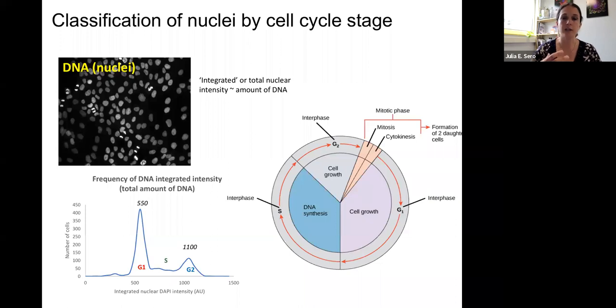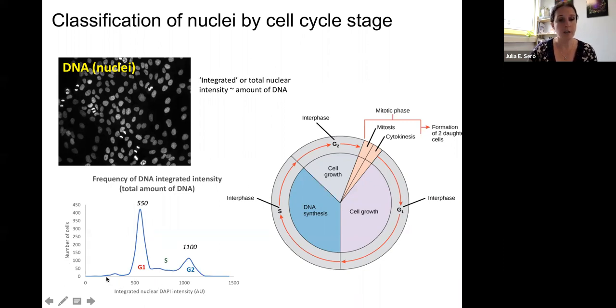That total or integrated intensity gives us a rough and ready readout of the amount of DNA, right? Because each molecule of dye binds to some amount of DNA and gives off photons when we excite it with fluorescent light, which are gathered by the detector. The number of photons is proportional to the number of molecules, proportional to the number of DNA molecules.